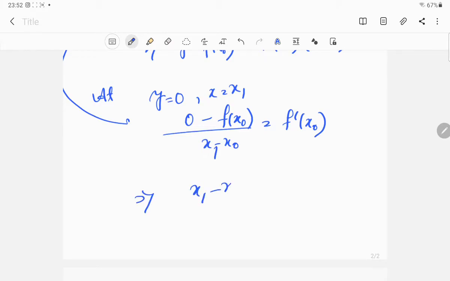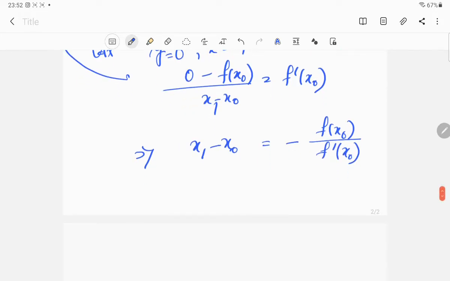So x1 minus x naught is equal to minus f(x naught) by f dash x naught. So x1 is equal to x naught minus f(x naught) by f dash x naught.